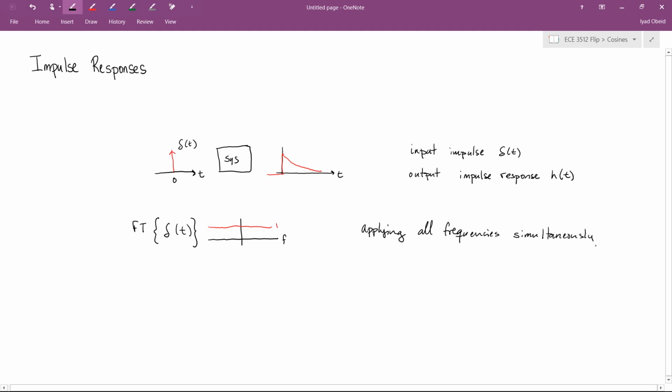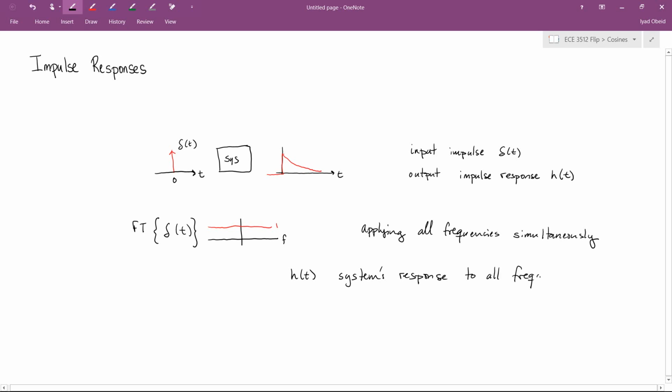It's almost as if I'd taken all the possible cosines in the world and applied them one by one to this system, and now I'm going to look to see how my system responds to each of those cosines. So if my input is all frequencies, then by definition, h of t has to be the system's response to all frequencies.